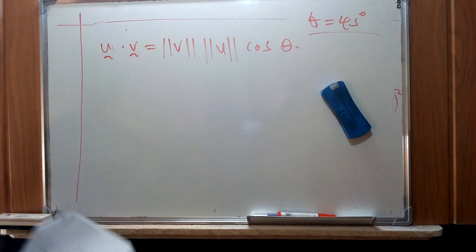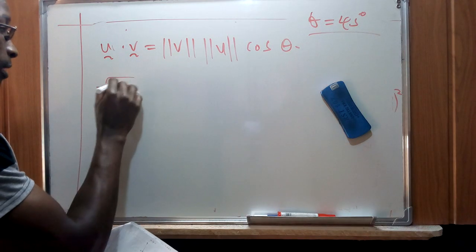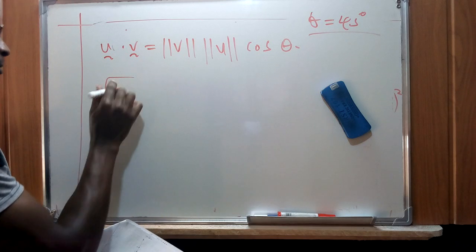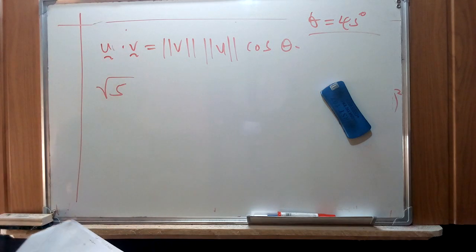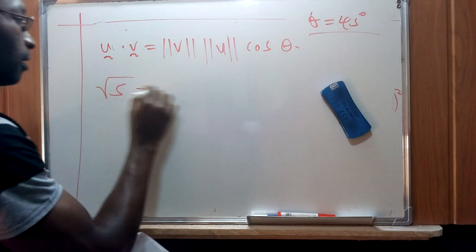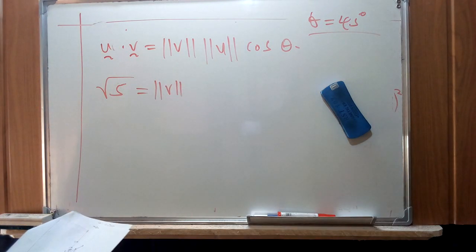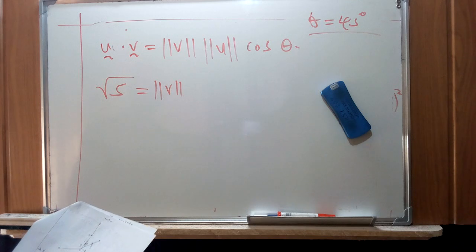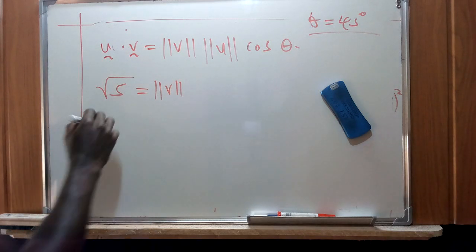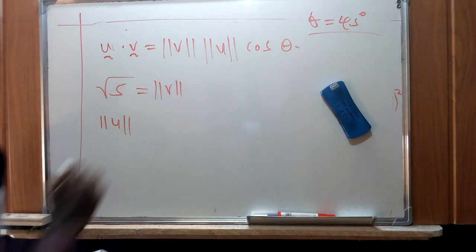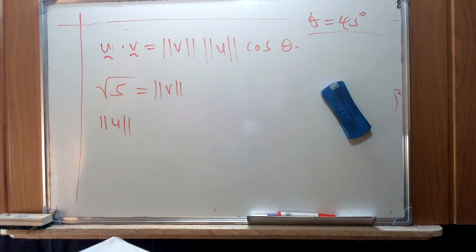So we have found the root of 5 as the norm for v. Now we are going to find the norm for u.